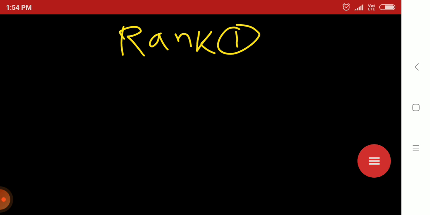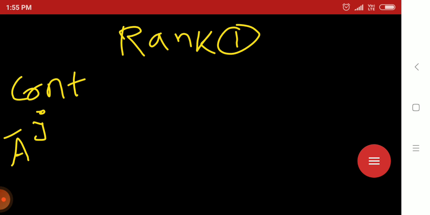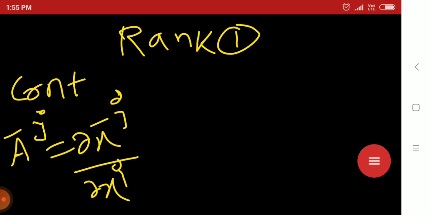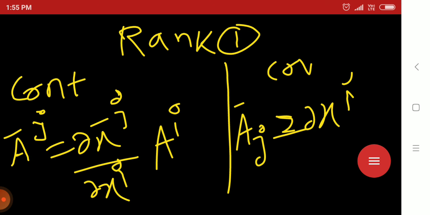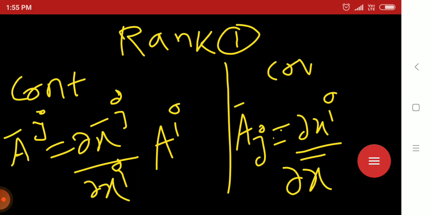I am writing for a rank 1 tensor, the contravariant form is Ā^j equals ∂x̄^j/∂x^i into A^i, and the covariant tensor is written as Ā_j equals ∂x^i/∂x̄^j into A_i.